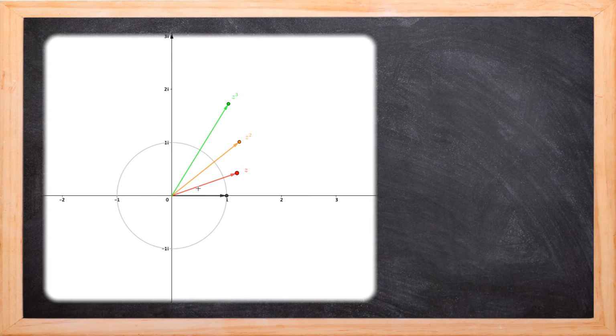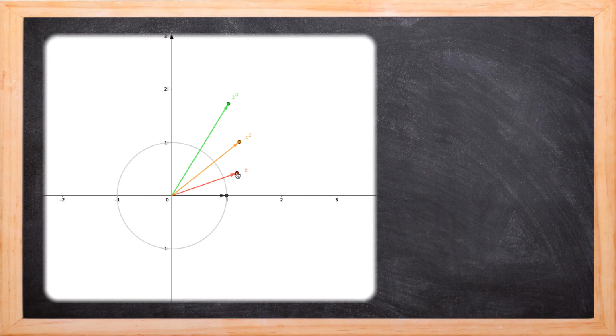If we have an argument of theta for z, then z squared will be 2 theta, or theta plus theta. These two angles are equal. And for z cubed, the argument will be 3 theta, so theta plus theta plus theta. So we get the angles between each of these successive powers being equal, and all equal to the argument of z.